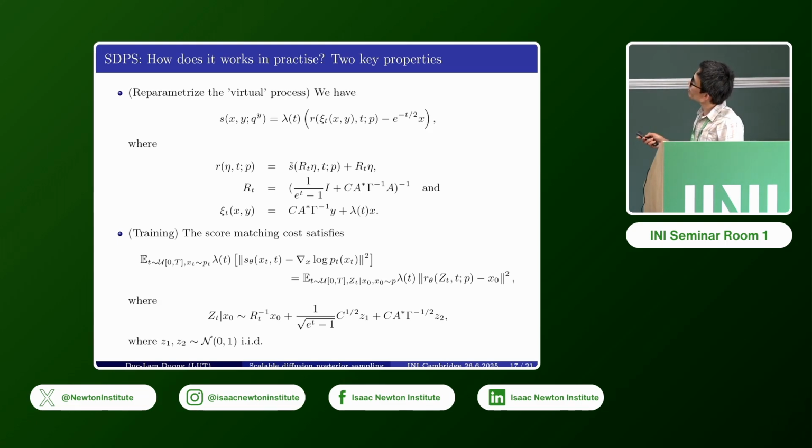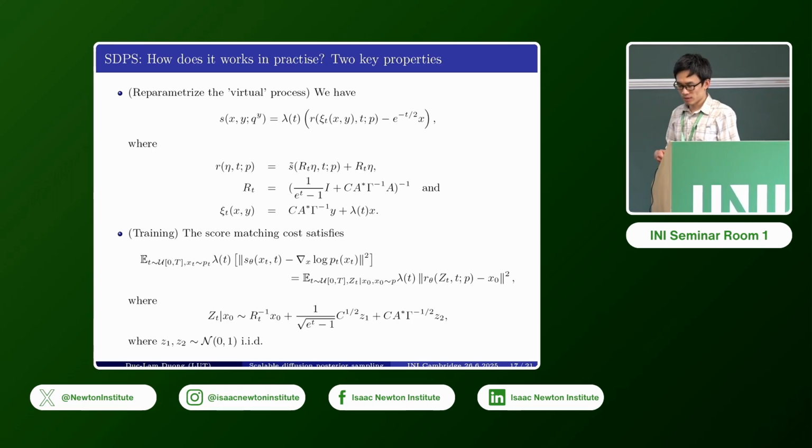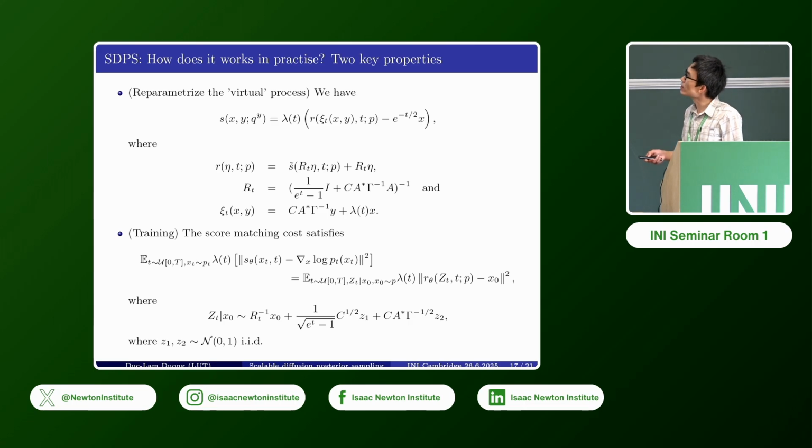Even though here you have some matrix inversion, all of this can be written in a way that you don't have to invert any matrices or operators in practice. And in training, the score matching loss satisfies this identity, where Z is distributed according to this.